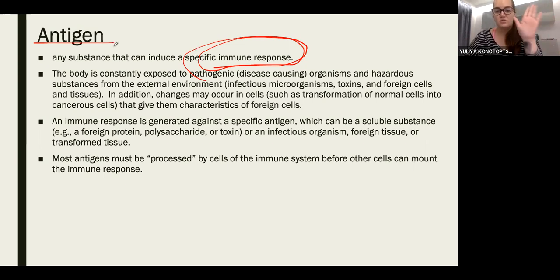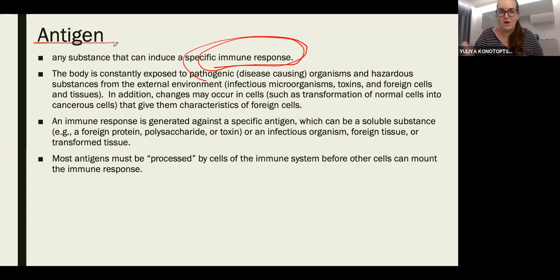So antigen, because we're second year medical students, is foreign. We're not third year, we're second, so antigen is foreign. It's a foreign marker that is present on everything that is not your body. I'm talking about the surface of a peanut. Each peanut consists of a bunch of cells, and each cell that makes up a peanut has a marker that says it is a peanut.